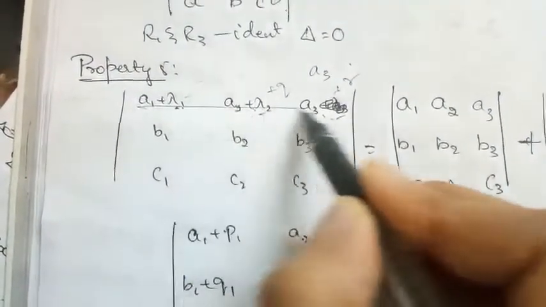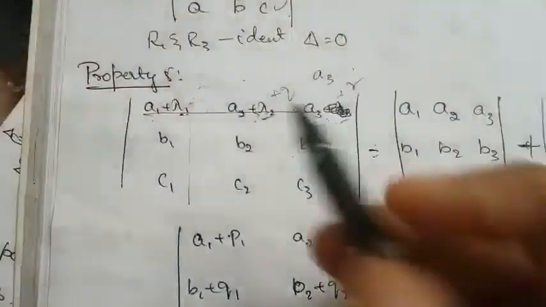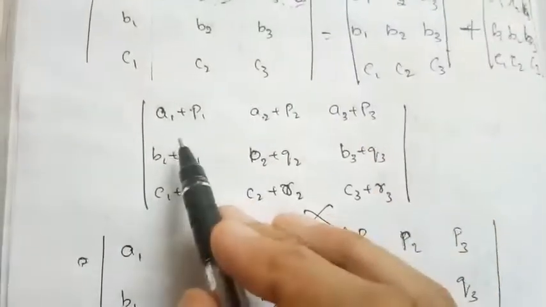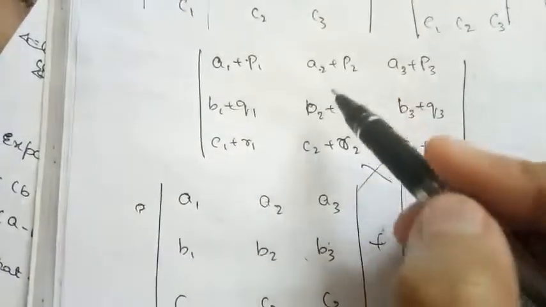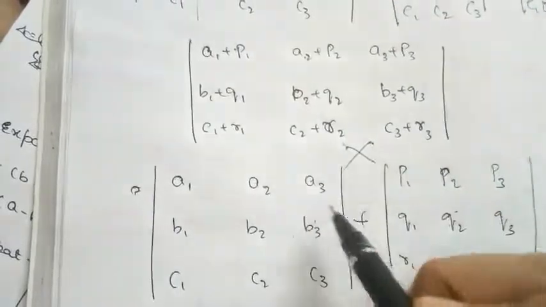This is applicable if a term of any row or any column is expressed as a sum of two or more terms. But if the whole matrix is of this form, then please don't write it in this manner. This is wrong. In a determinant, don't express it in this manner.